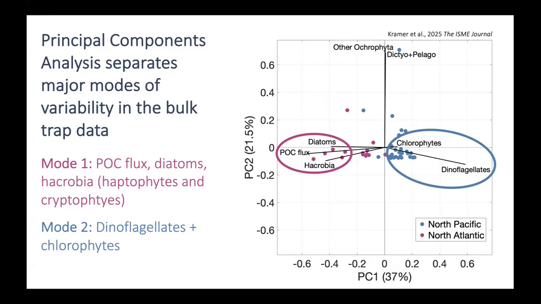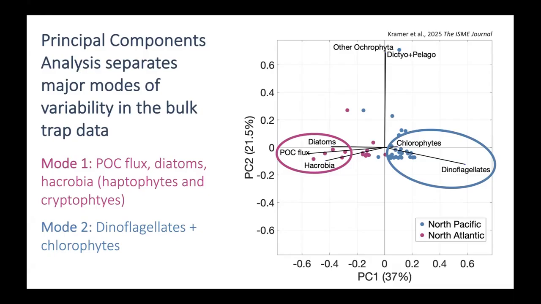And one of the first things you can see here is that a huge split is between our two ecosystems. So we had one condition in the North Atlantic in most of our bulk trap samples, and another one that was more dominant in the North Pacific. But when we look at the data this way, we're obscuring a lot more of the information that we have with depth and with time about all of these bulk trap samples.